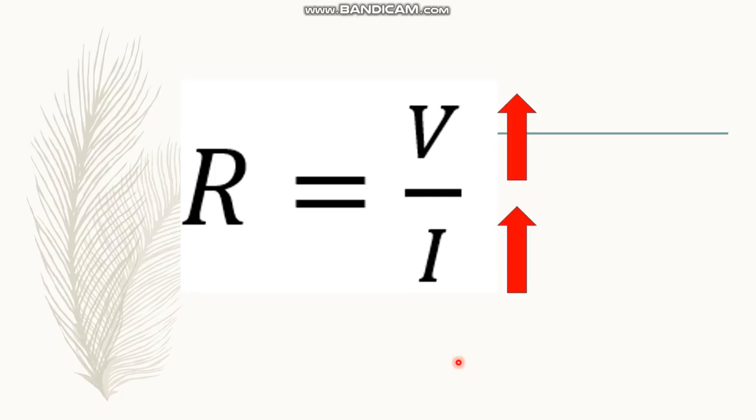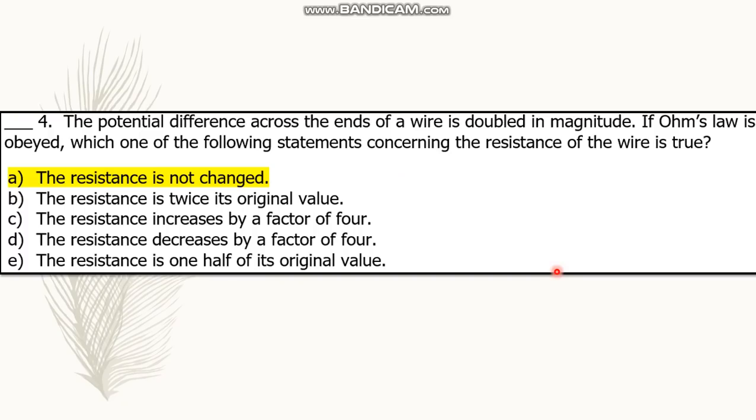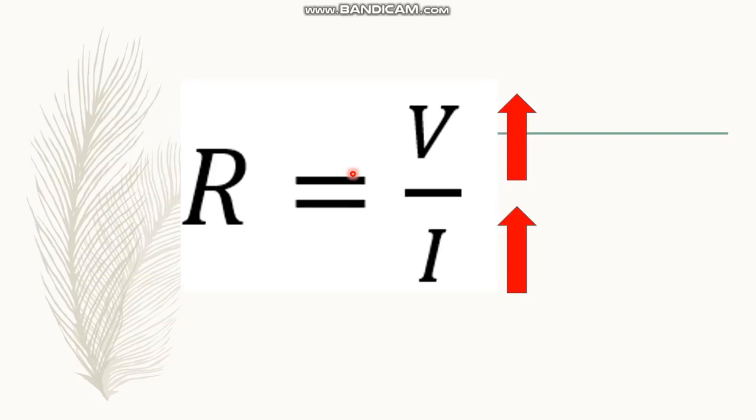This is the other form of Ohm's law. If you're going to solve for the resistance, we have V over I. If we increase the voltage, or the potential difference, that will also result in an increase in current.